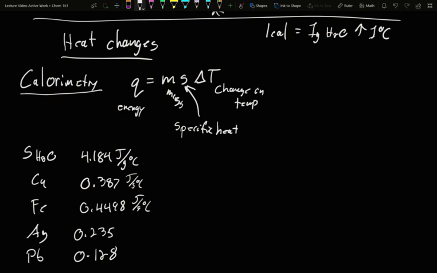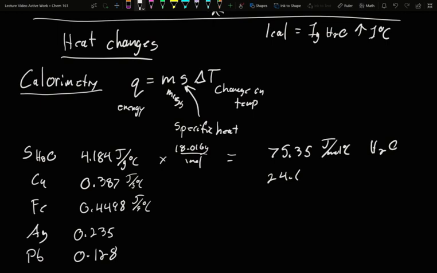Now you know this is all significantly different. They actually change a little bit if you get out of grams and into moles. So water, 18.016 grams in 1 mole. Do this for copper and iron and the rest. You'll find it is 75.35 joules per mole degrees Celsius for water.